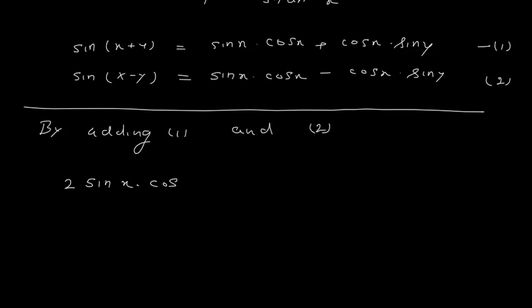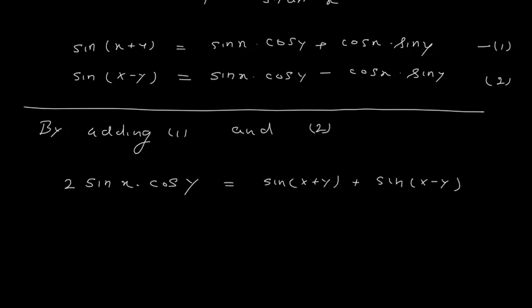I am making some mistake in writing the formula. This is sin x cos y. So sin x cos y plus cos x sin y, and sin x cos y minus cos x sin y. When I add, I get 2 times sin x cos y as sin of x plus y plus sin of x minus y.